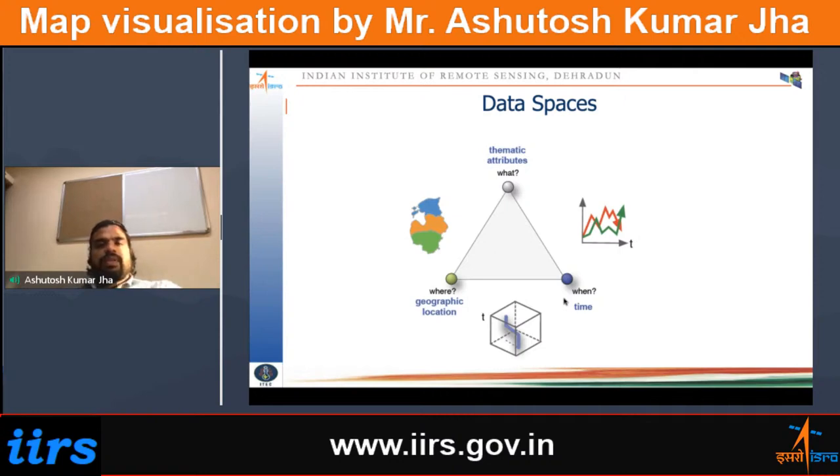After that, you get data sets, and all of these data sets are going to have one of these three attributes. At least to create a map, a minimum of what and when, or what and where, is required. Temporal can be considered as one of the snapshots.